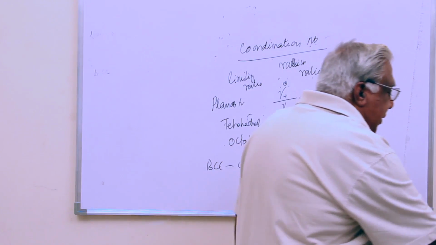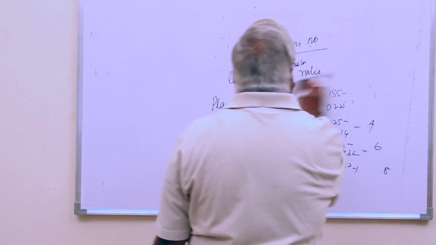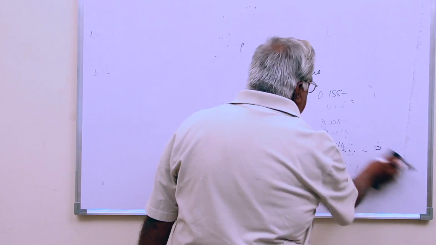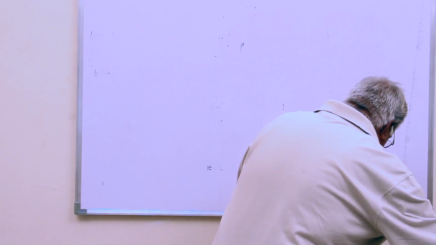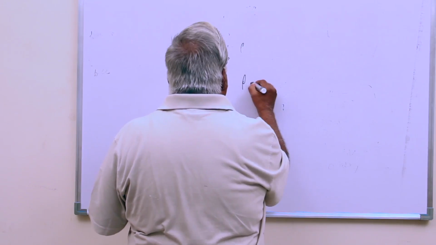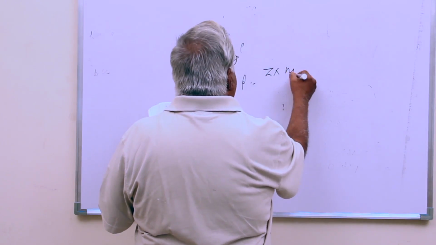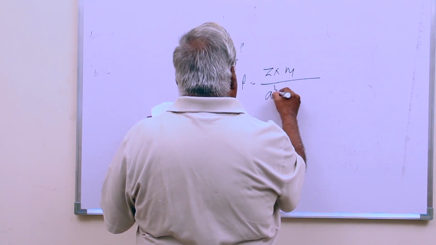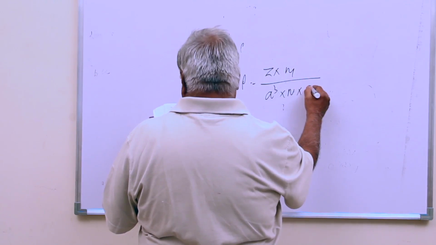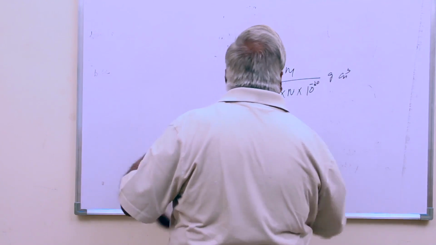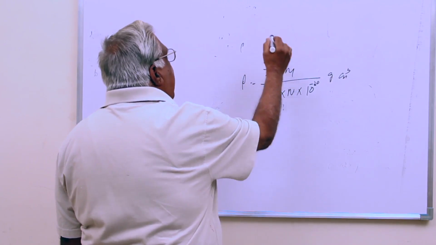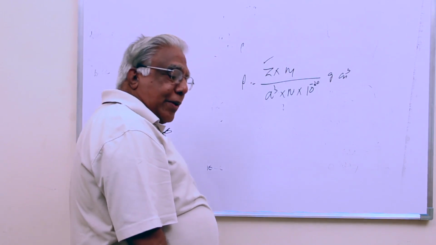Then the density of a solid can also be calculated using a formula. The density is given by Z into M divided by a cube into N into 10 power minus 30, in grams per centimeter cube. Here Z is the number of atoms present in a unit cell.